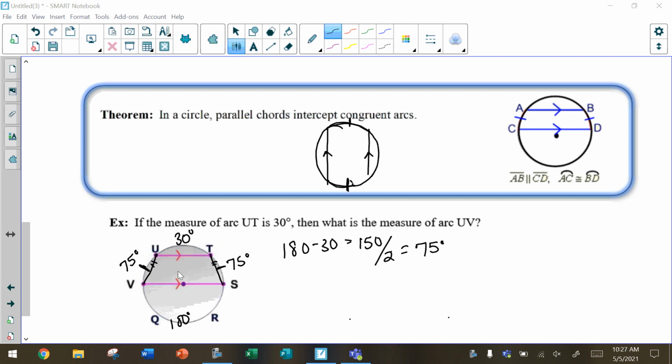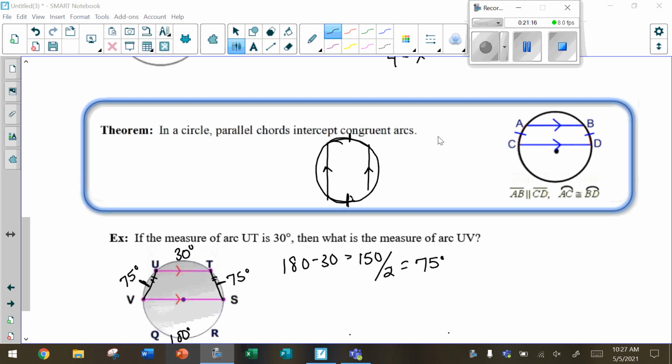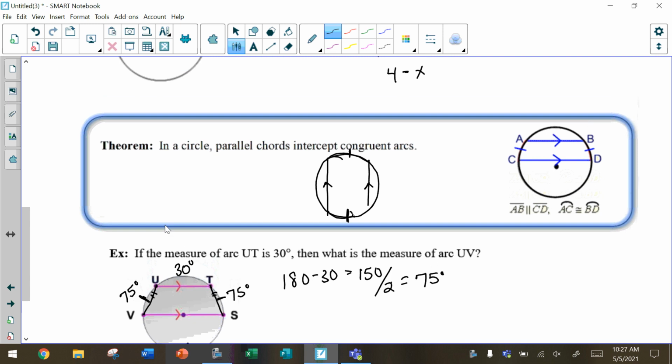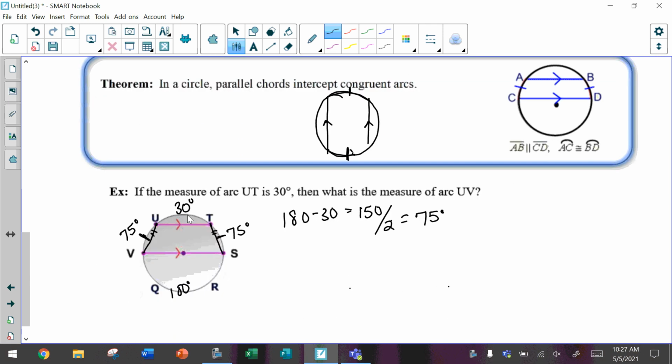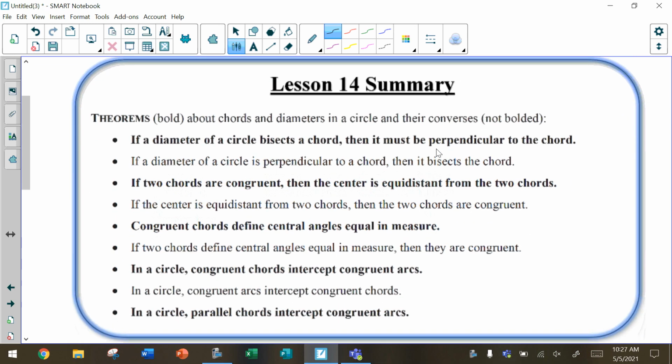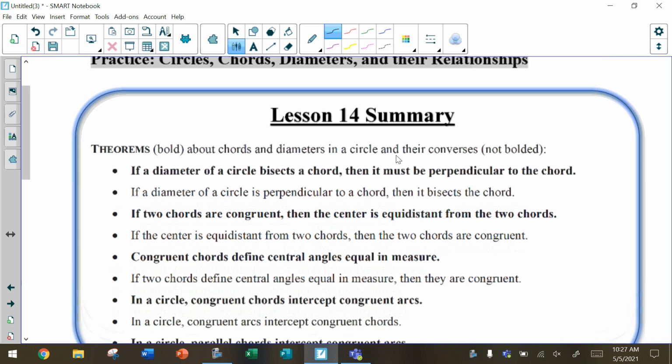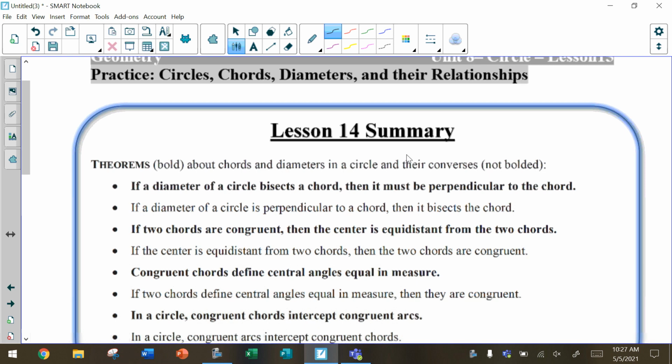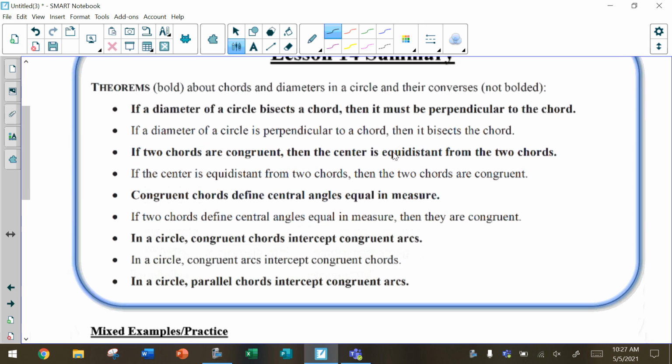So this is the end of lesson 14, all right? So your assignment now is to turn this in to show that you actually watched it and filled in. Your next assignment is to do lesson 15, and it's going to utilize all of these properties we just talked about. I would honestly recommend that you do the lesson 14 practice right now because everything is fresh in your head.